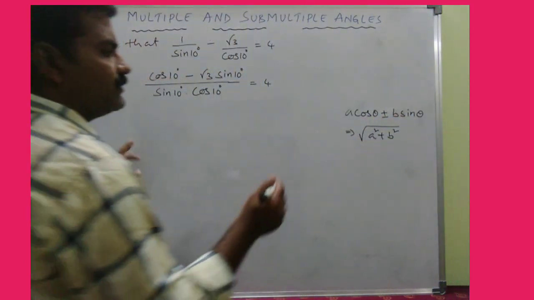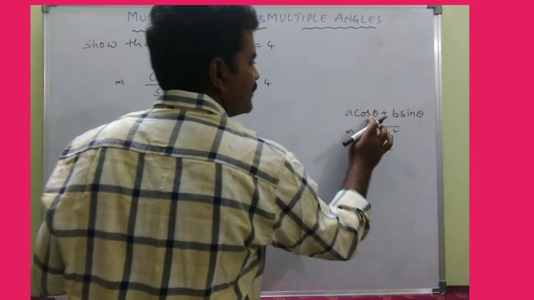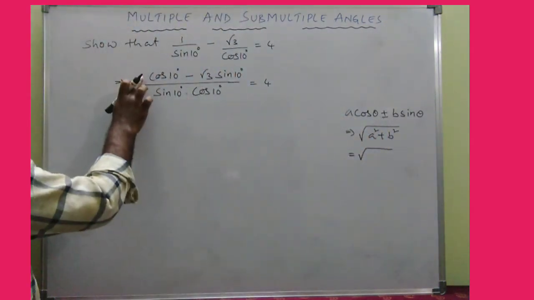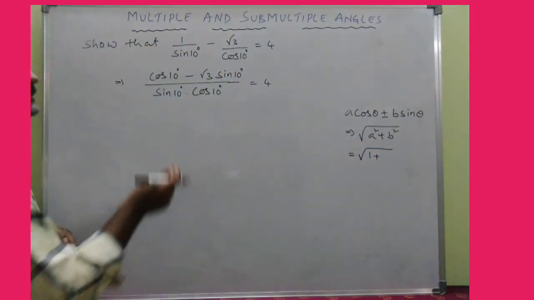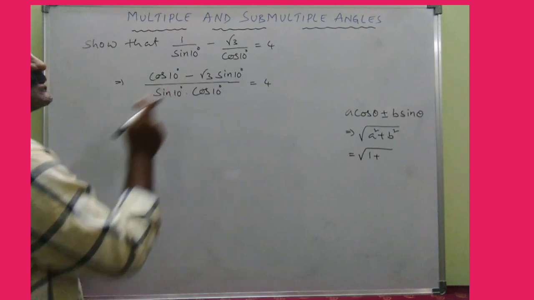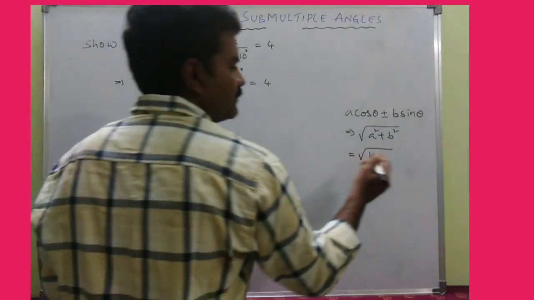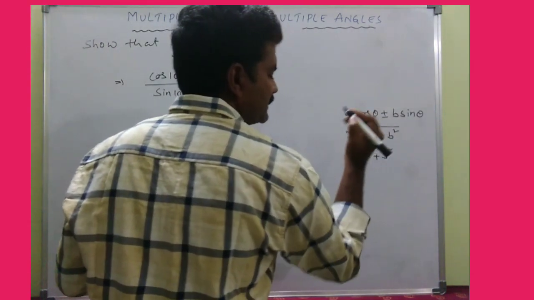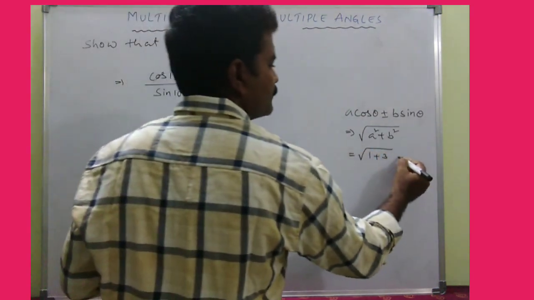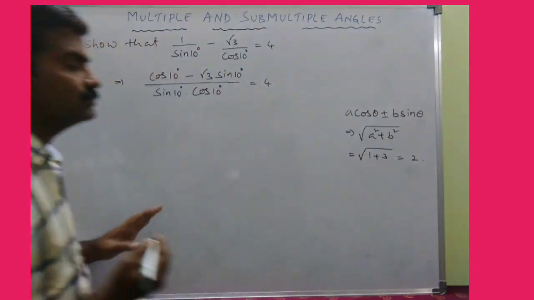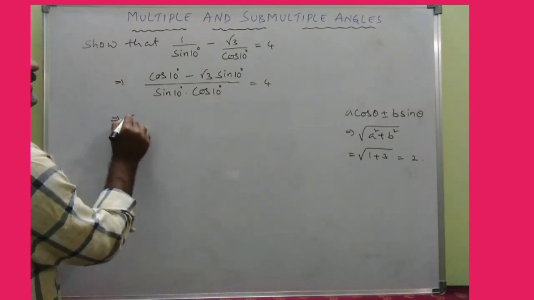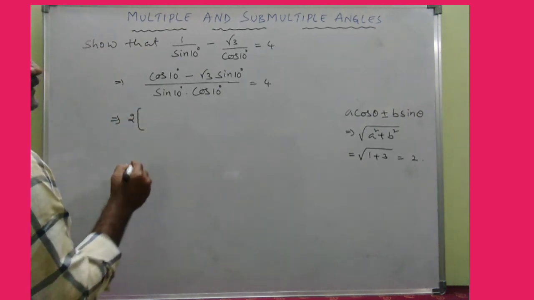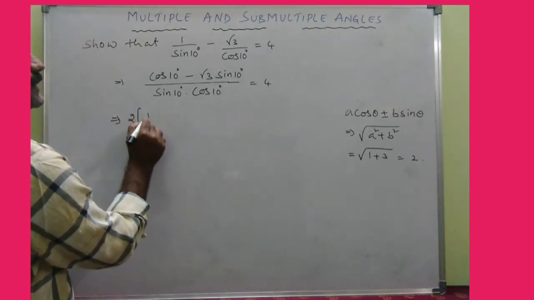Here a is the coefficient of cos, which is 1, so a square is 1, and b is minus root 3, so b square is 3. Which is root 4 finally, which is equal to 2. So do one thing: numerator, let us multiply with 2 and also divide with 2.